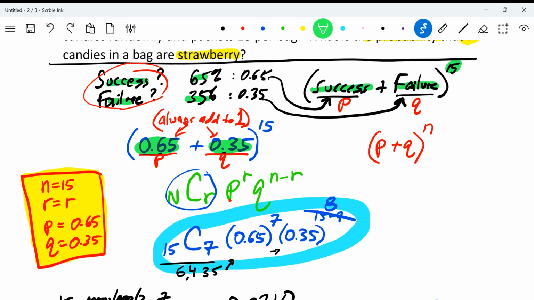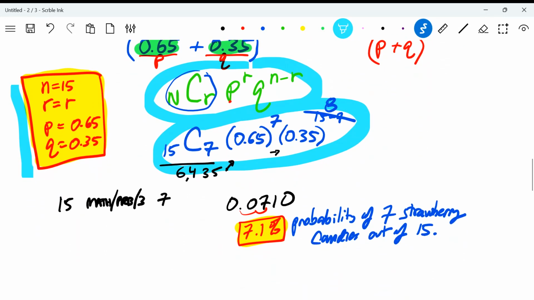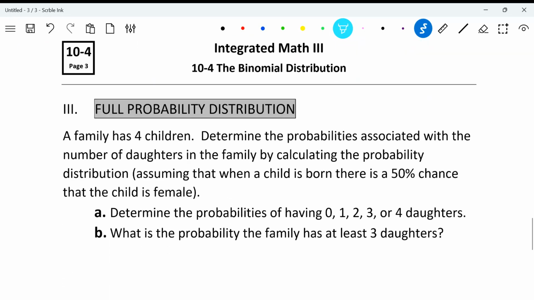Using this formula and identifying n and r and P and Q, we are able to just multiply it out using the tools we have, like the calculator or by hand, and get 7.1%. Let's look at this problem.